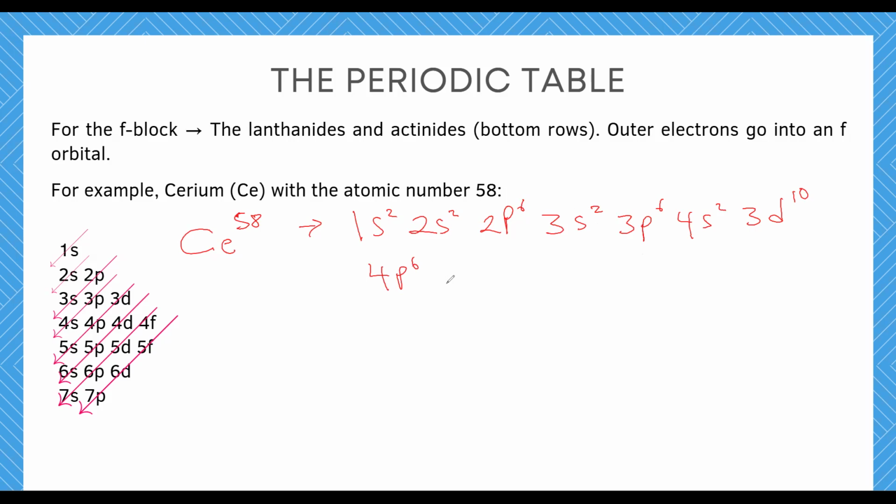What's next? 5s2, 4d10, 5p6, 6s2, and then 4f2. If we total all of this together, let's see if we're going to arrive at 58.